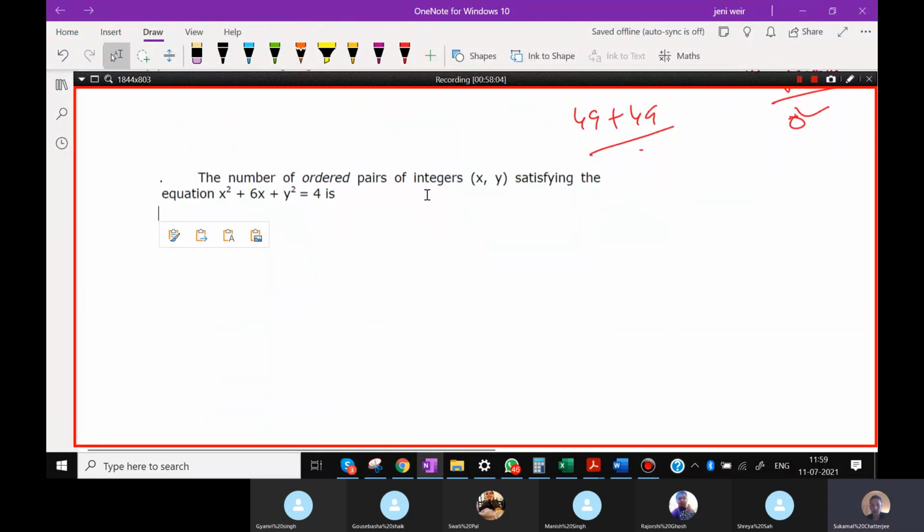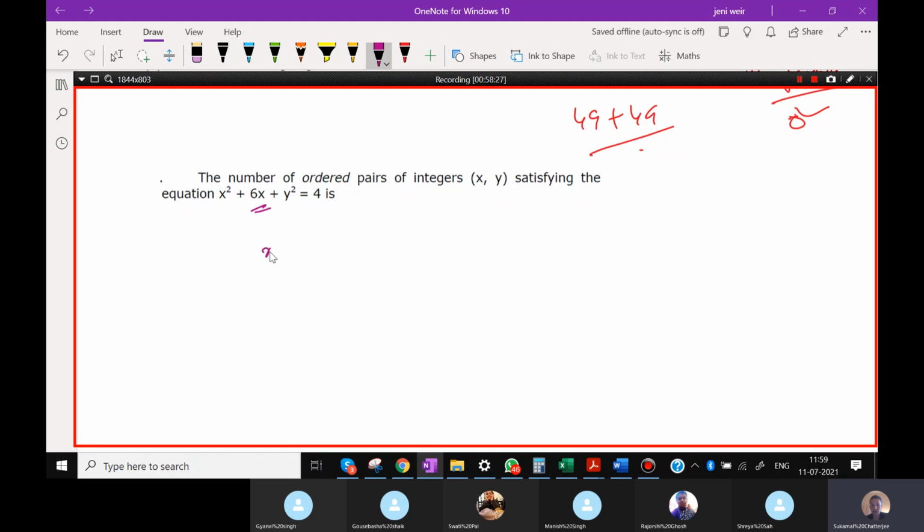The number of ordered pairs of integers x, y satisfying the equation x square plus 6x plus y square equals 4. Now, we can clearly see that this is a quadratic in x and y. So we write it in the quadratic form. So I have a 6x.